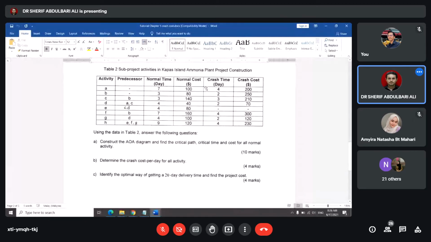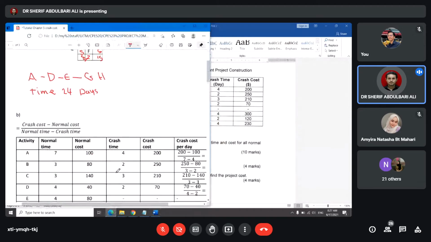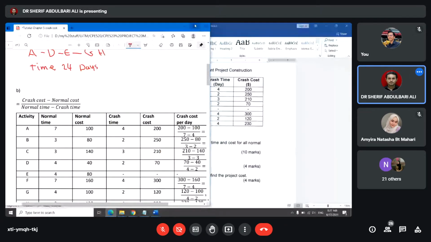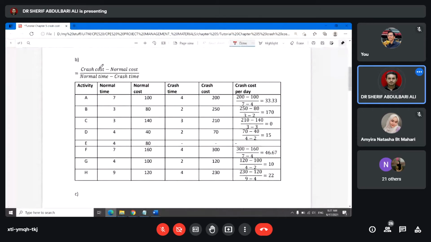So you remember that the equation to calculate the cost per day is crash cost minus the normal cost over the normal time minus the crash time. So this is the equation. So we are going to add one more column here to calculate. I'm not going to do this one by one. I already have it here. Okay, this is what you are going to do. How to calculate? We are using this equation here.